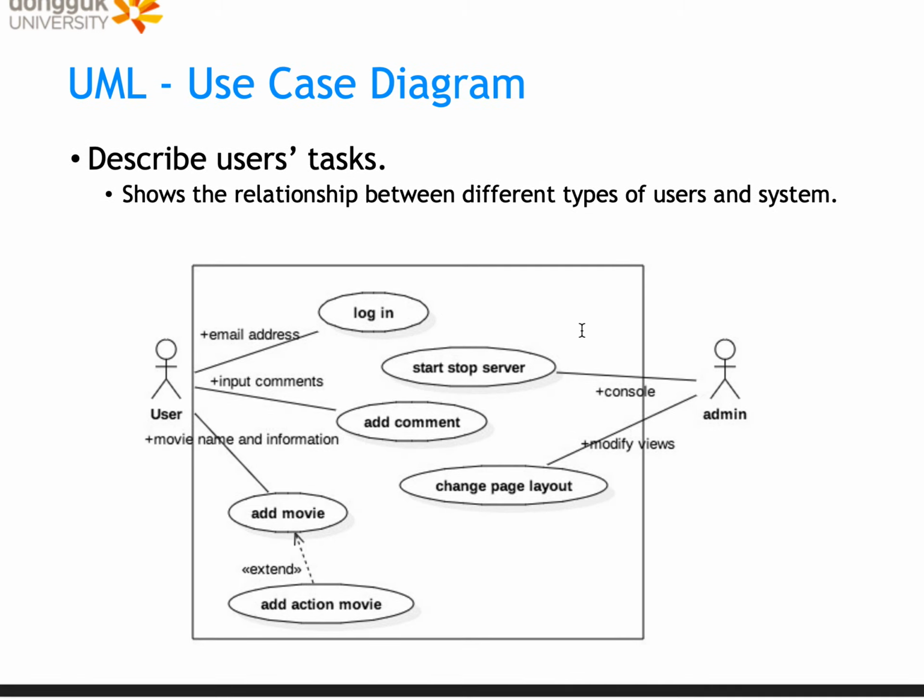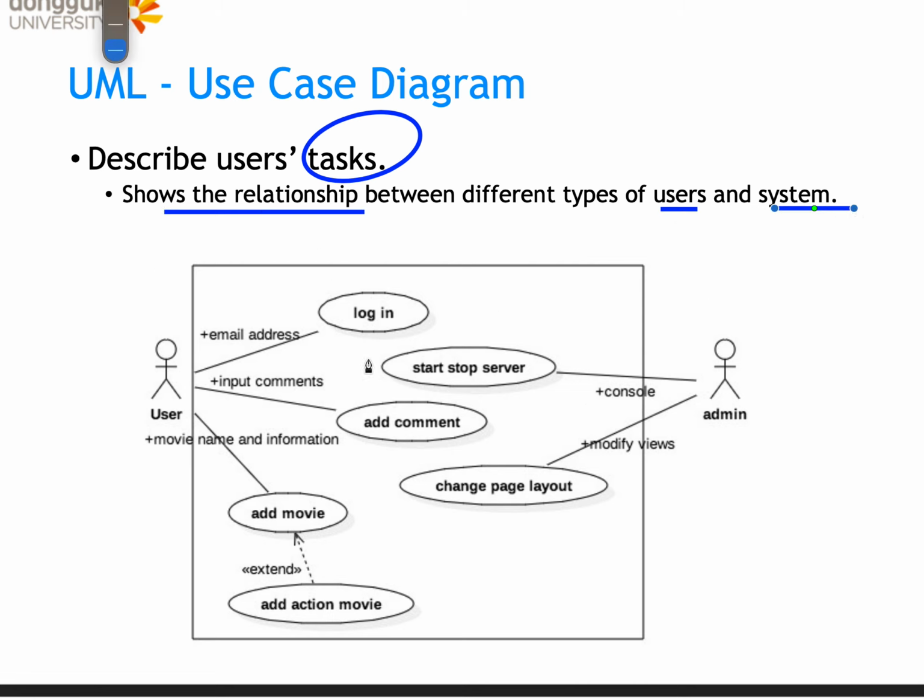I gave some explanation of the use case diagram in a previous class, when I gave you the assignment. So it describes tasks and shows the relationship between the user and the system here.